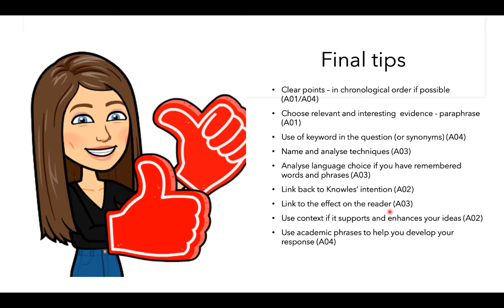So what do we think? Why do we think it? What are we supposed to think? How are we supposed to view a character or a relationship or an event? Use context only if it supports or enhances the ideas, if it helps you to explain yourself. And try and use academic phrases. Maybe just try and remember two or three phrases that you think will help you to develop the way in which you're explaining your ideas.